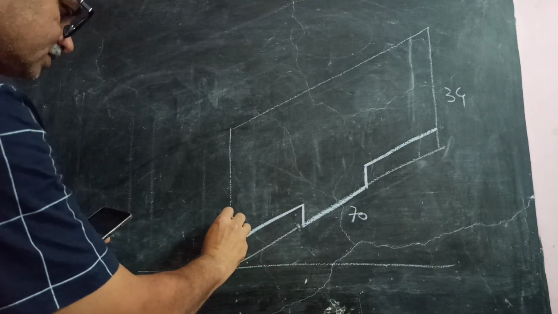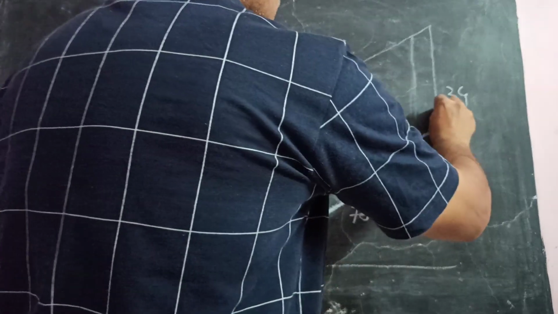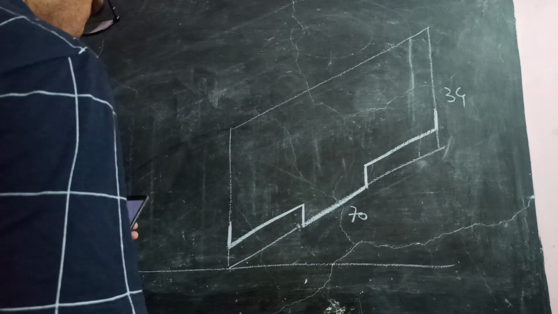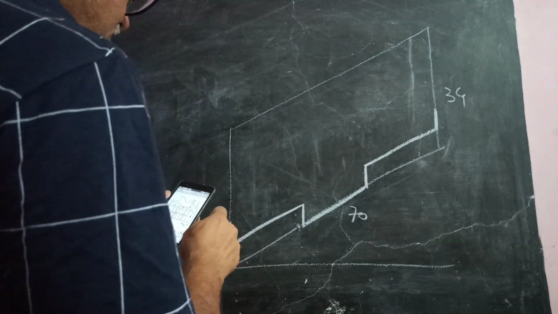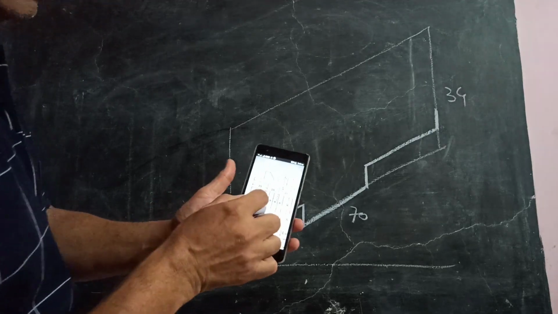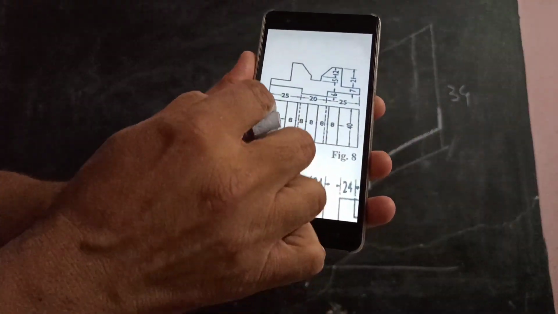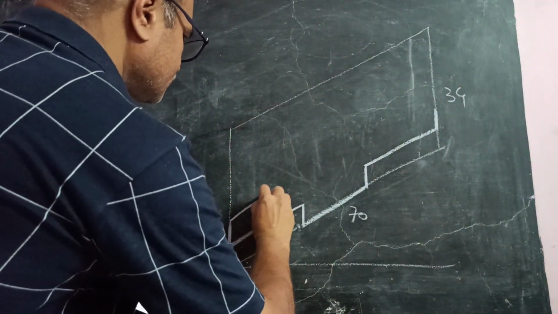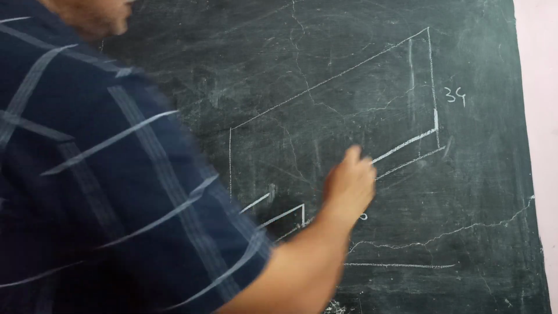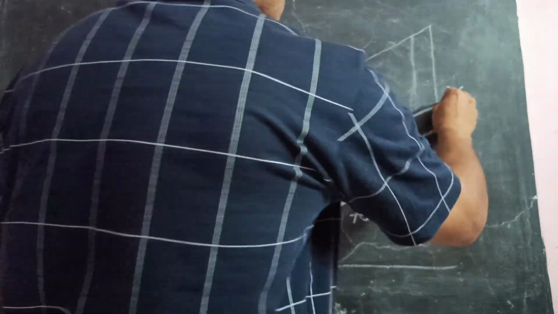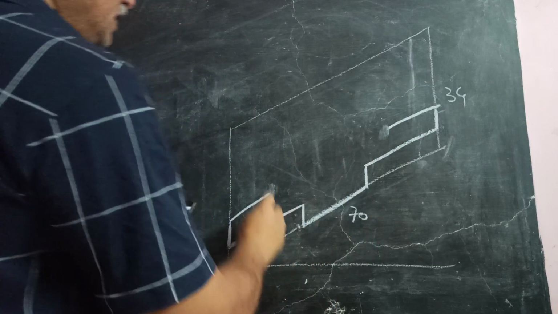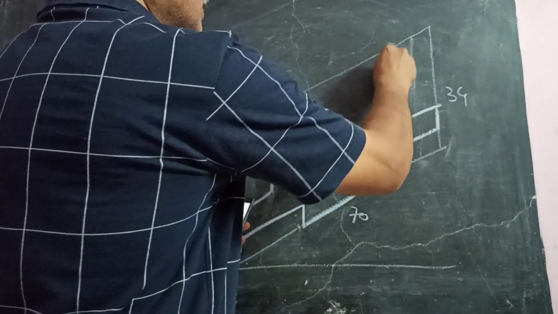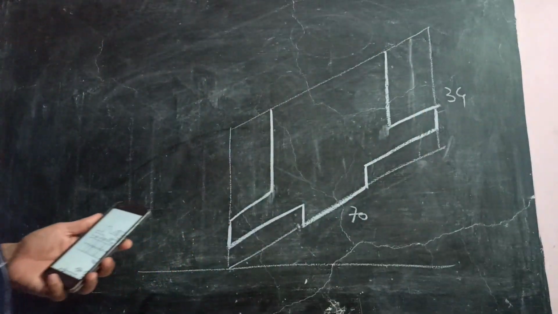Then the height of this is 7, and from here the surface is going, so it is 15, it is given 15 here, so this is 15, and in the top view this is also 15, and then it is going upward. So you can find out this as the front view.